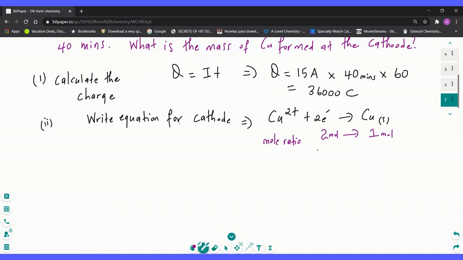So this is how I'm going to tie it and make your life easier. If you wanted to make 1 mole of copper, which weighs 63.55 grams, then you would need to discharge 2 moles of electrons to make that 63.55 grams.